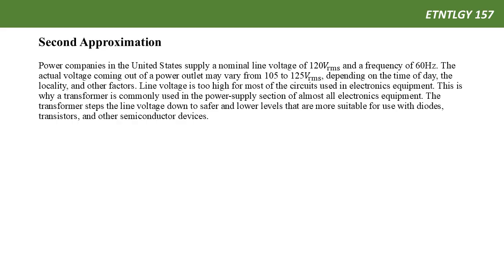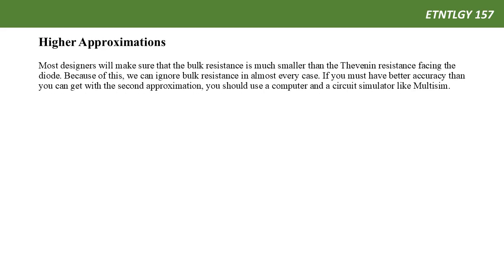Line voltage is too high for most of the circuits used in electronics equipment. This is why a transformer is commonly used in the power supply section of almost all electronics equipment. The transformer steps the line voltage down to safer, lower levels that are more suitable for use with diodes, transistors, and other semiconductor devices.